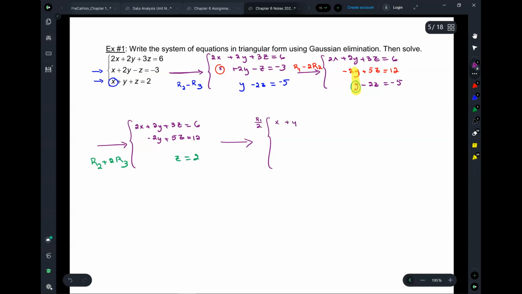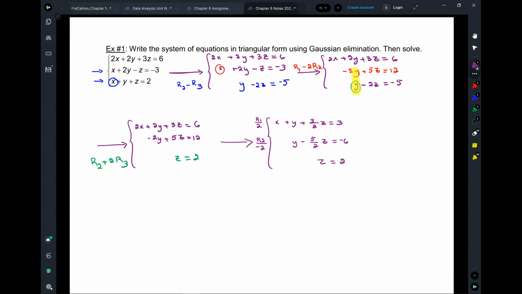So x plus y plus 3 over 2 z equals 3. What are we going to divide the second one by? Negative 2. So we get y minus 5 over 2 z equals negative 6. And then this one is fine.